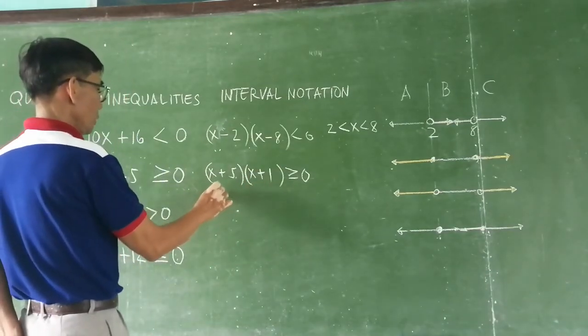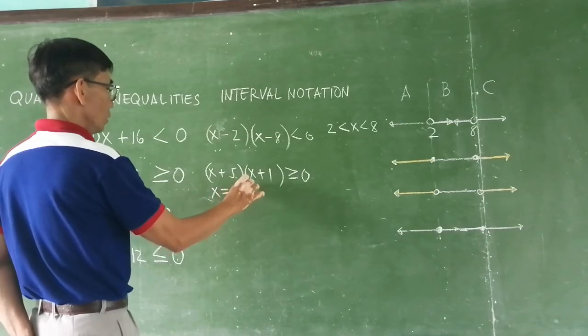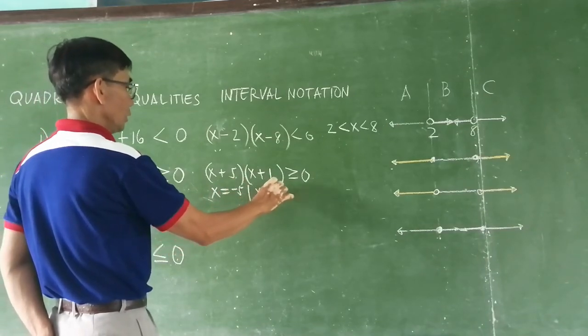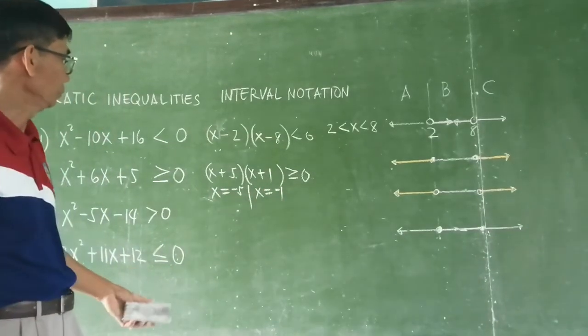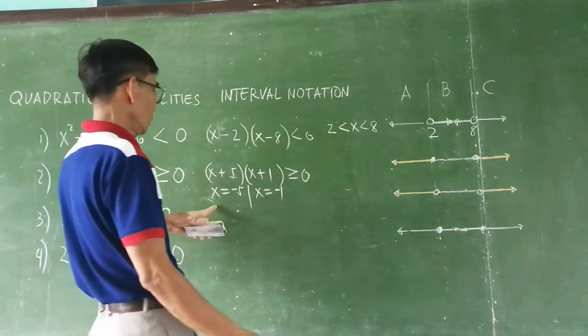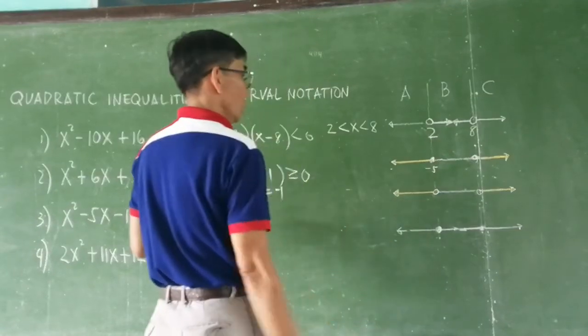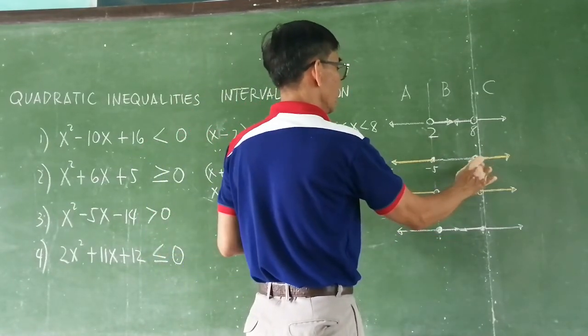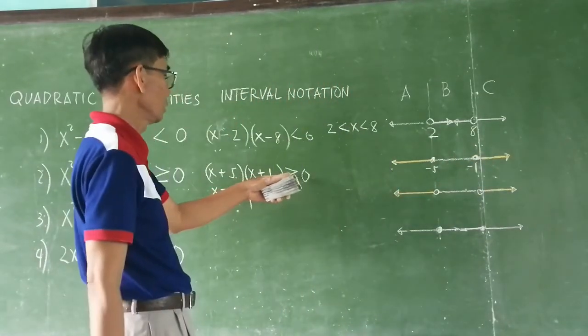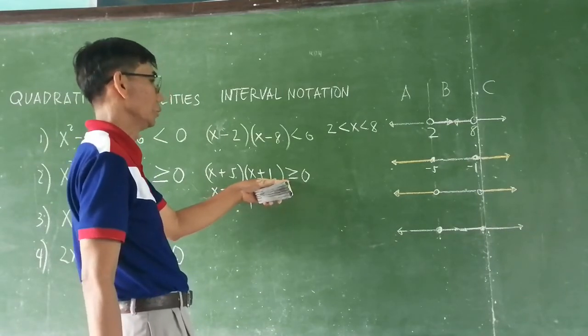So one value is x equals negative 5 and x equals negative 1. So we can put negative 5 here and negative 1 here. It is solid because it is greater than or equal to.